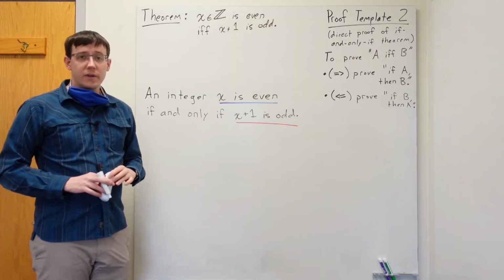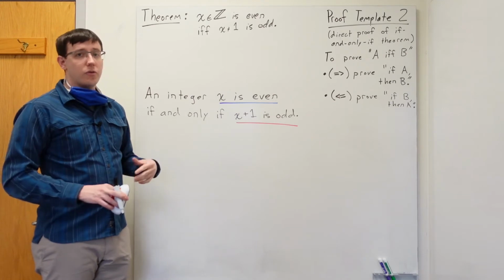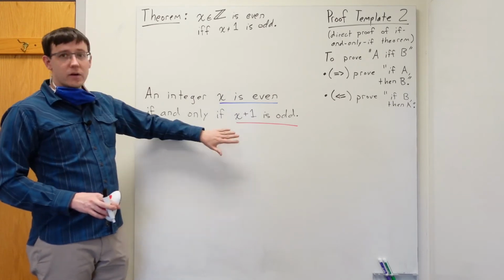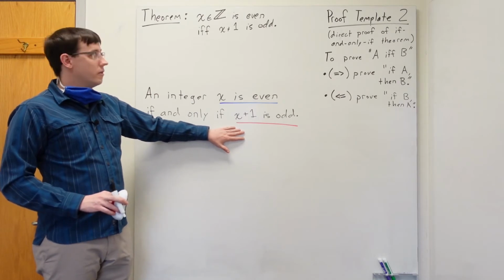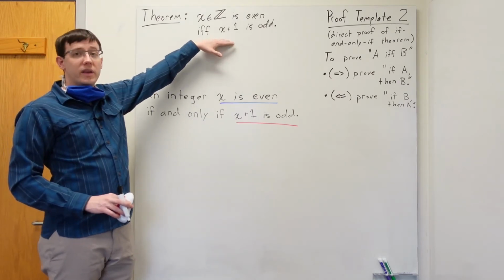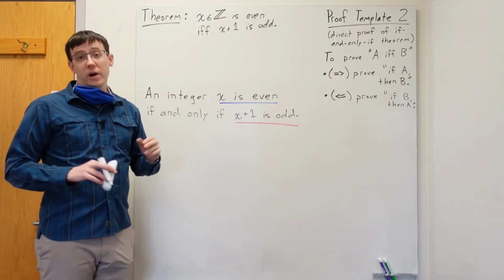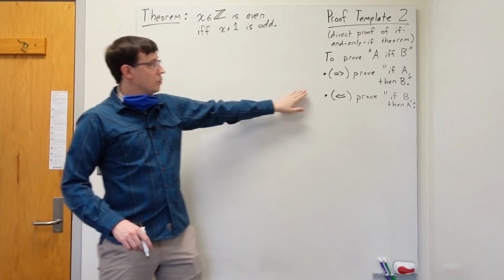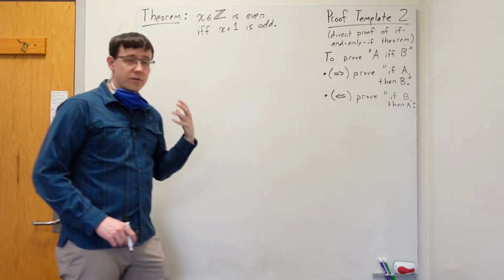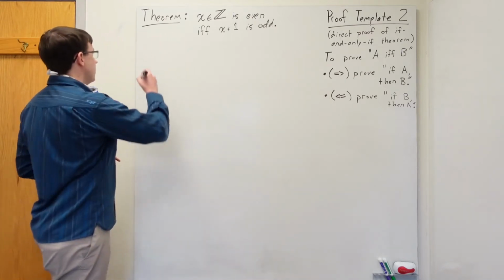When you're writing up the statement of a theorem for your homework, I recommend writing it out fully in English, like this example, but there are times when abbreviating with symbols is more handy. So, using our proof template 2, we have two pieces we need to prove.